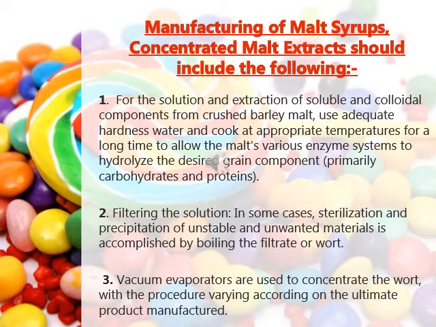Manufacturing of malt syrups and concentrated malt extracts should include the following. First, for the solution and extraction of soluble and colloidal components from crushed barley malt, use adequate hardness water and cook at an appropriate temperature for a long time to allow the malt's various enzyme systems to hydrolyze the desired grain components. Second, utilizing the solution, in some cases, sterilization and precipitation of unstable and unwanted materials is accomplished by boiling.